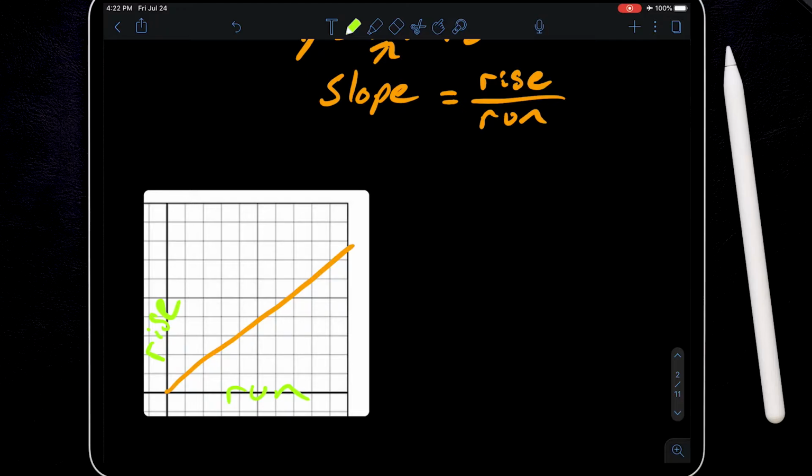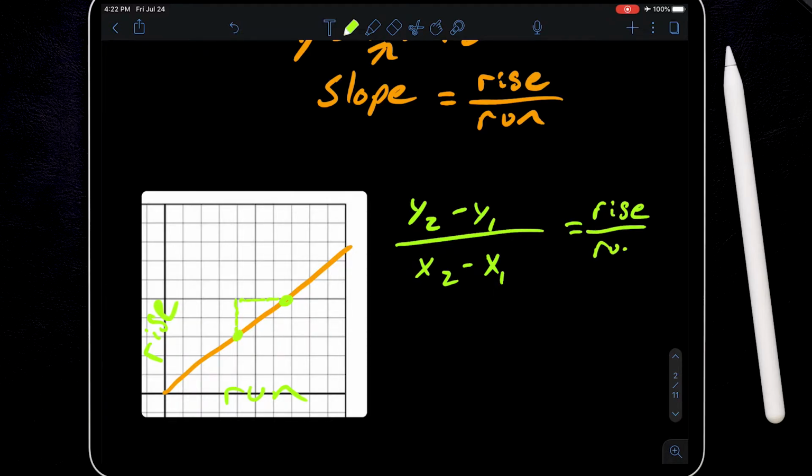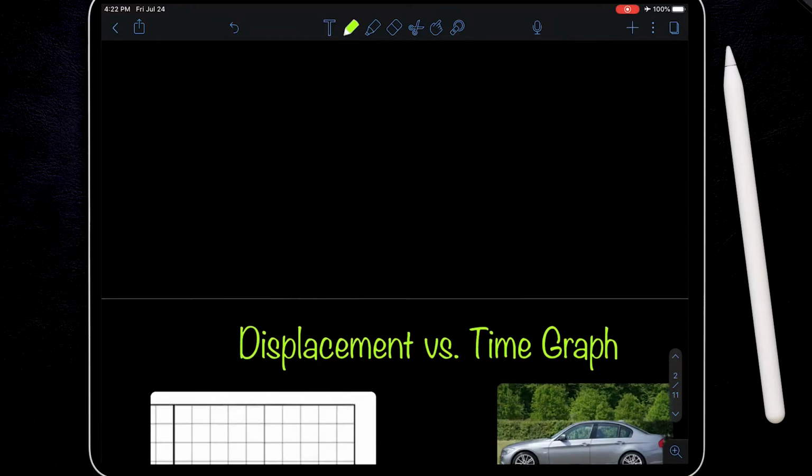So if we were to take the rise and run from here to here, your slope is your y2 minus y1 divided by x2 minus x1. How much does it go up in the y direction? That's your rise. Your run is how far it goes over in the x direction. And that gives you slope, okay? Now this is actually going to be super informational and really useful later on as we go. But I just want to put that in your brain before we continue any further.